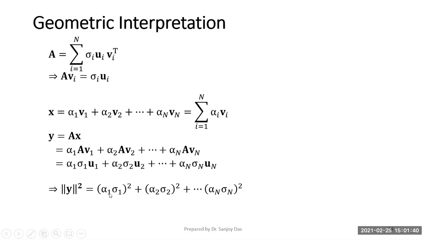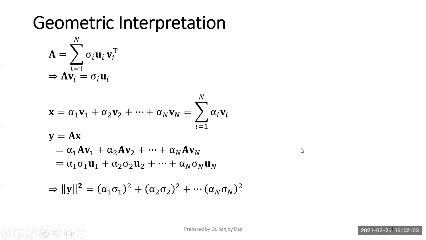Yes. And here, actually, I could have taken the squaring operation inside. So this would have been alpha 1 squared sigma 1 squared plus alpha 2 squared sigma 2 squared and so on.